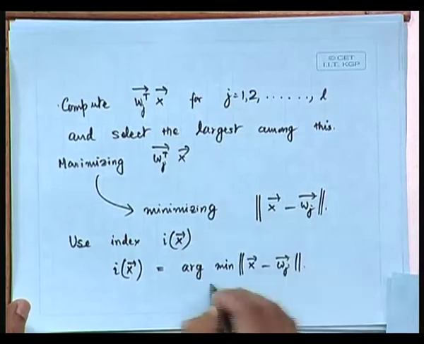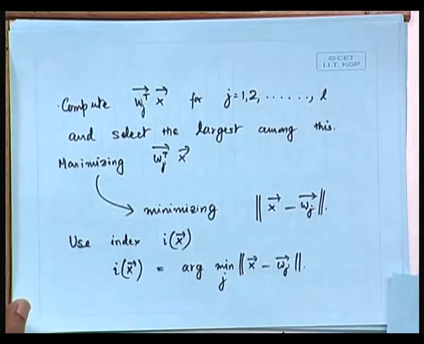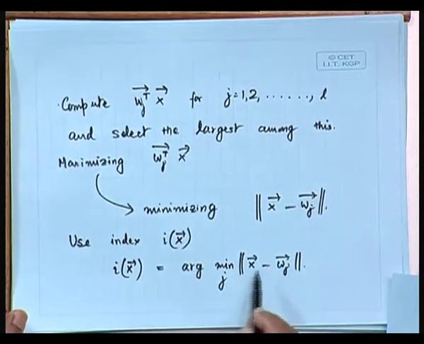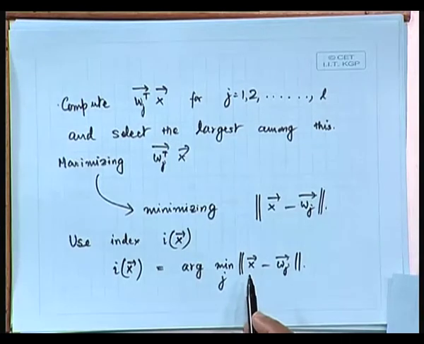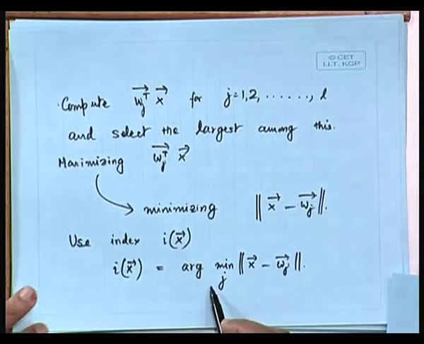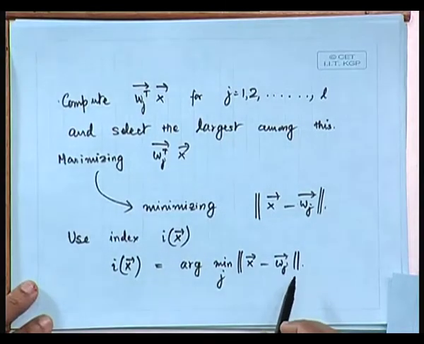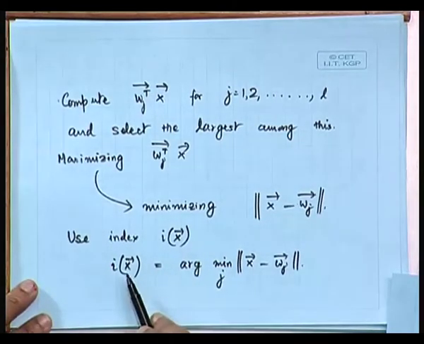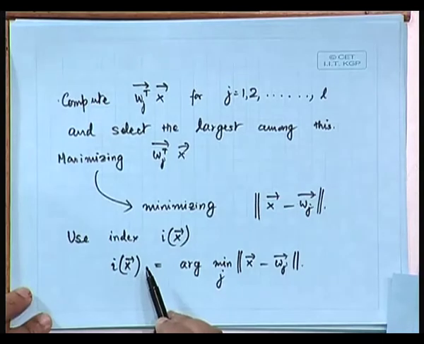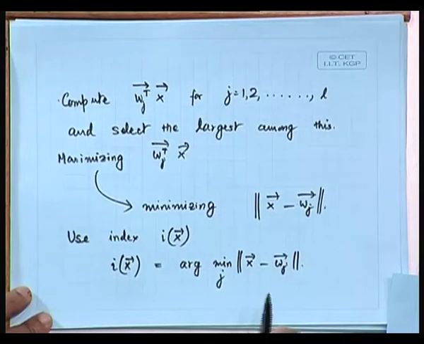The j which gives the minimum value is the index of the winning neuron.